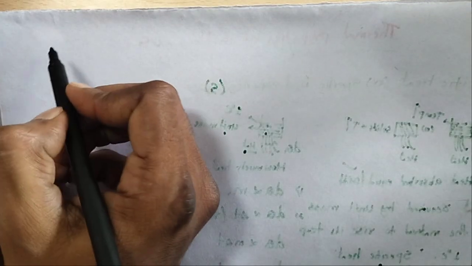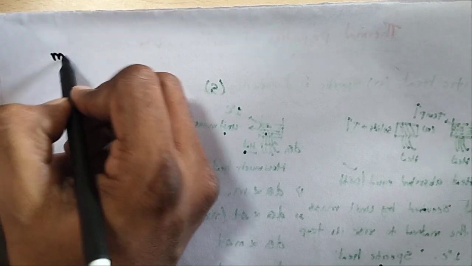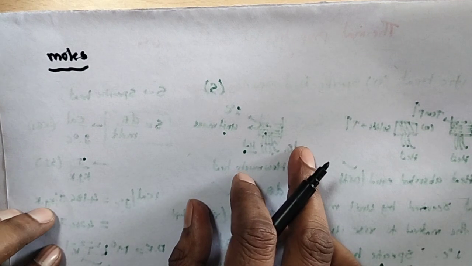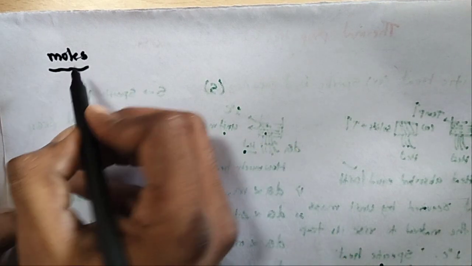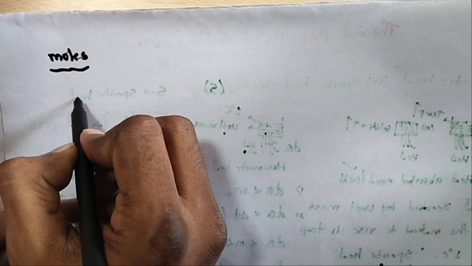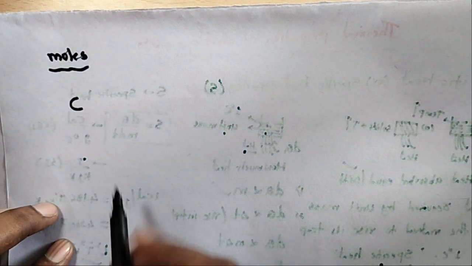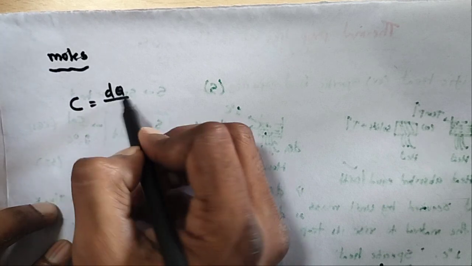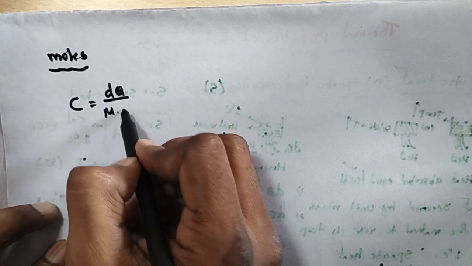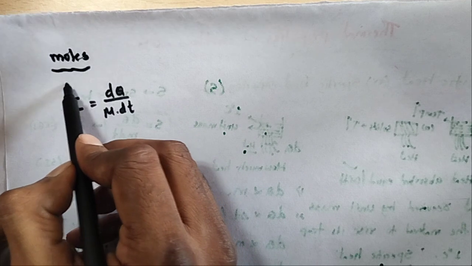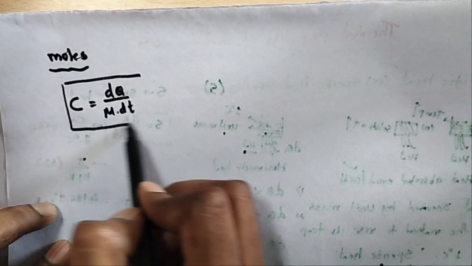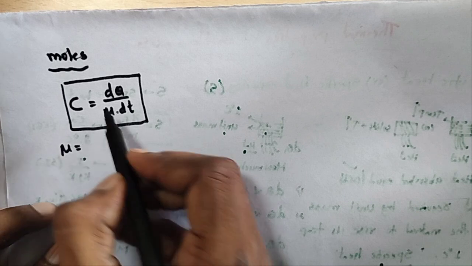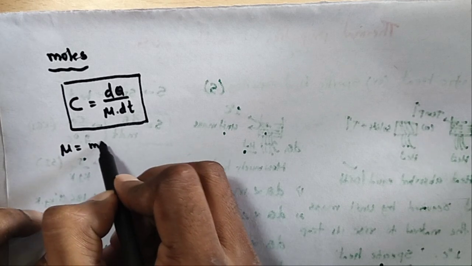Now the specific heat in terms of moles. In this case, I am taking the symbol C. C is equal to dq by mu dt, where mu indicates moles.